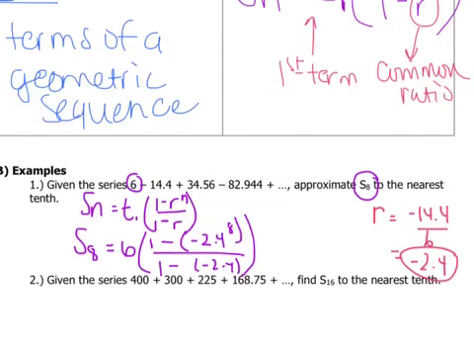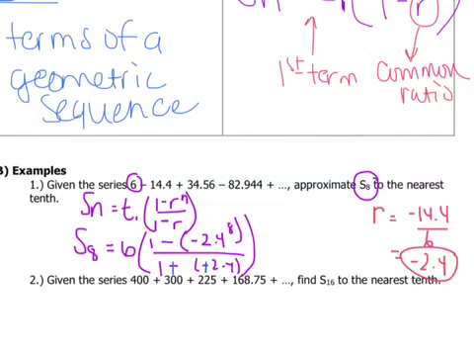Do this with me on your calculators. 1 minus parenthesis negative 2.4 to the 8th, close your parenthesis. Hit enter. Keep that on your screen. Divided by 3.4. Why 3.4? Yeah, 1 minus negative 2.4 is really 3.4. Hit enter. And then at the very, very last step, multiply it by 6.